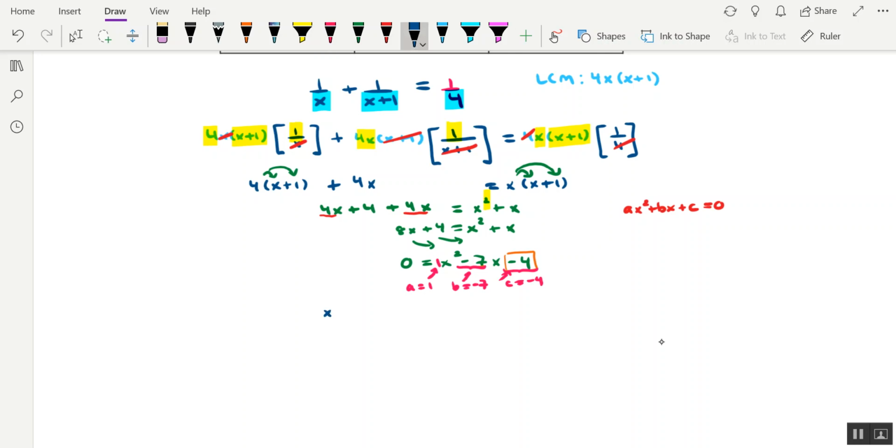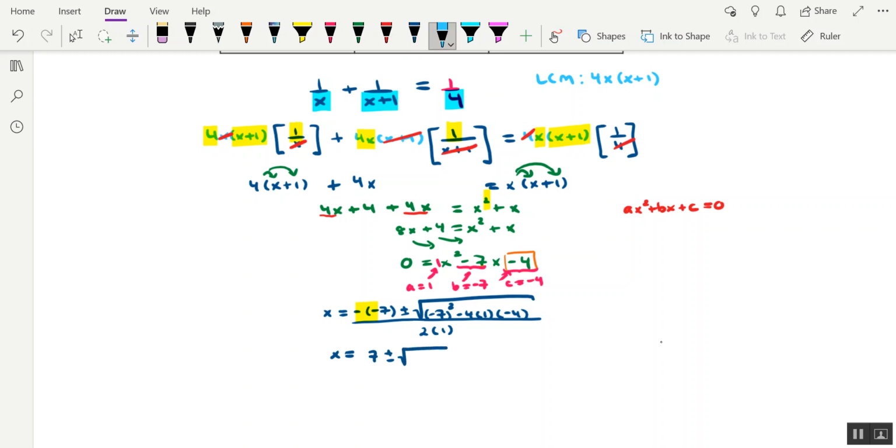So we'll plug these values into our quadratic formula. That's going to be negative -7 plus or minus the square root of -7 squared minus 4 times 1 times -4, all over 2 times 1. Let's take care of the double negative with the first term in the numerator to get us going with the simplification process. That's going to turn into positive 7.